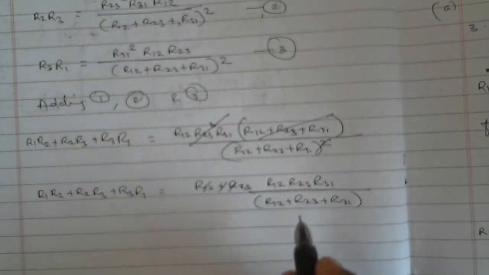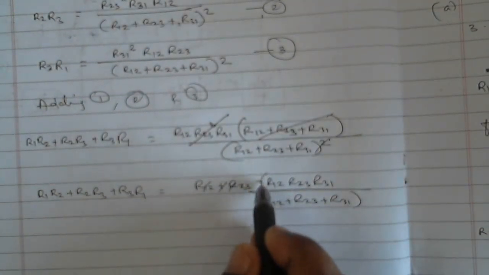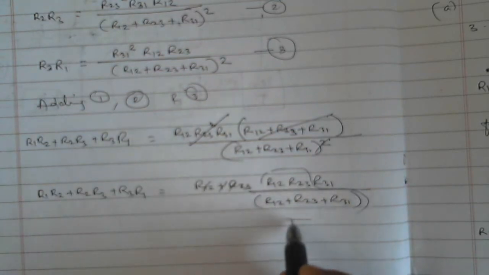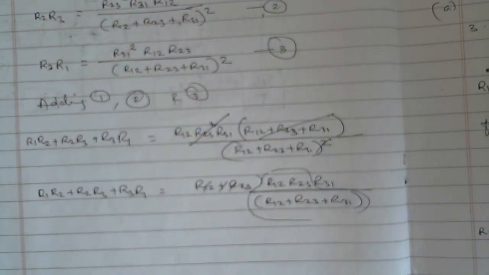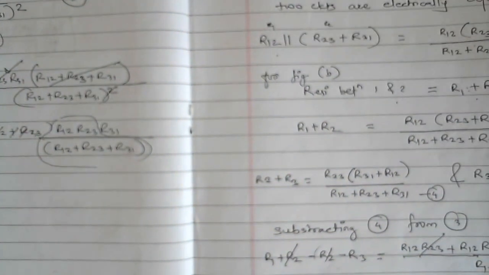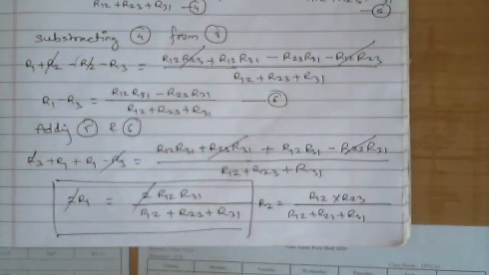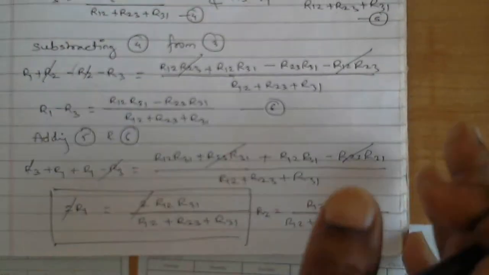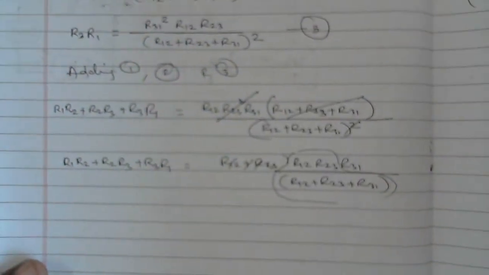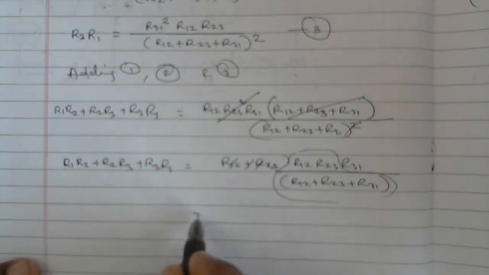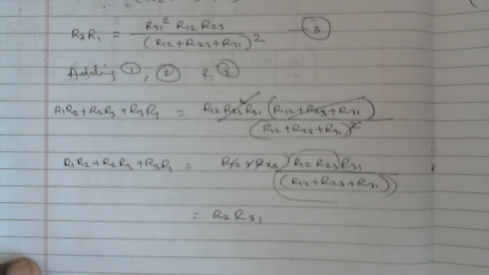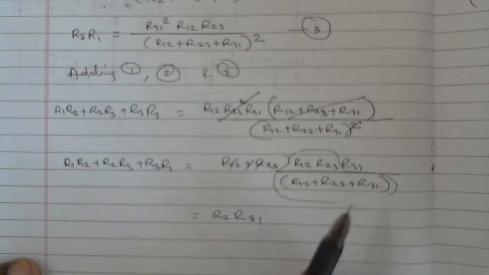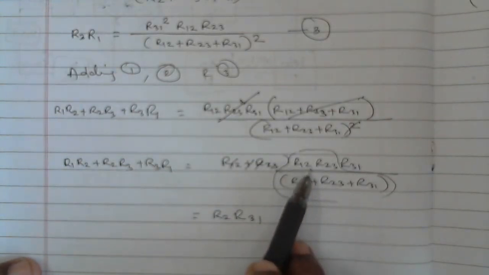Okay. Now R12 into R23 divided by this. R12 R23 divided by R12 R23 R31, that is R2. So this term is nothing but R2. So if I replace it, it will become R2 into R31.